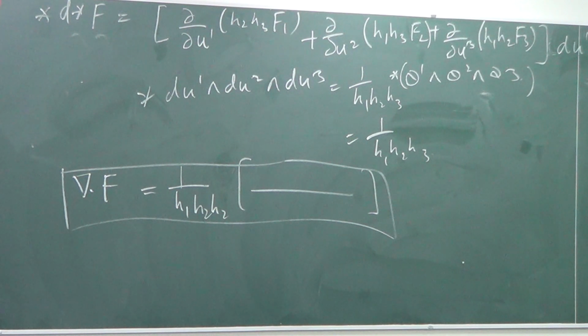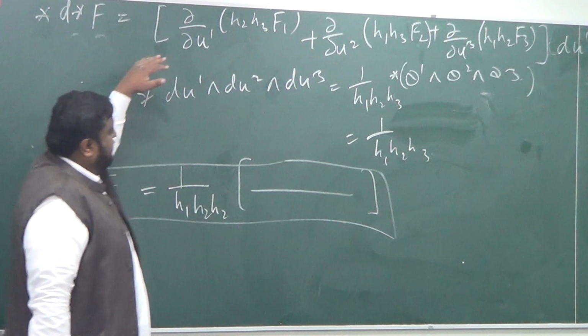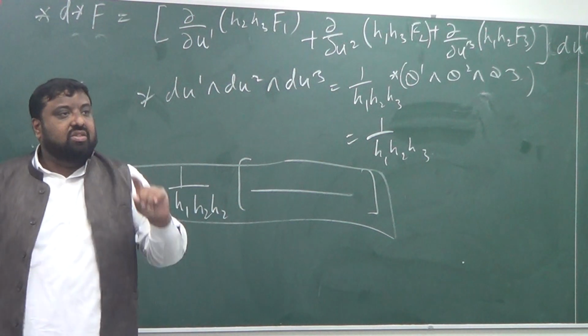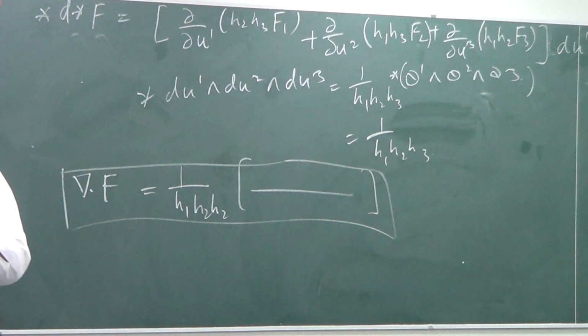So what is this divergence telling you? This is the divergence of a vector field, but in curvilinear coordinates.